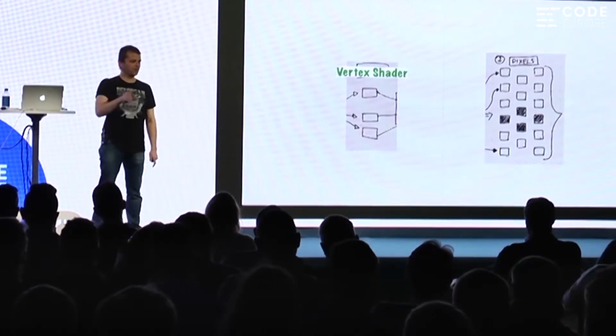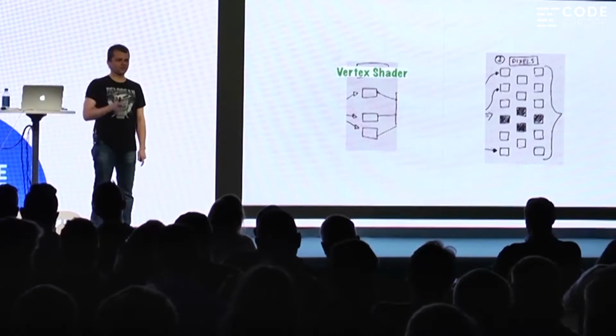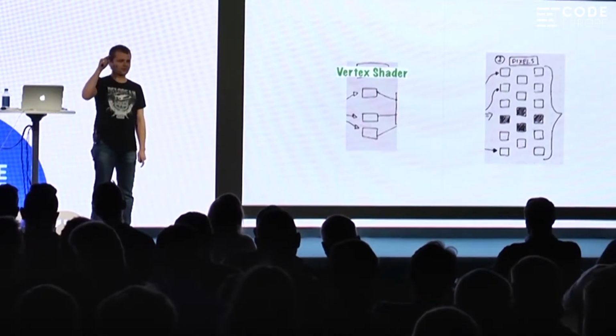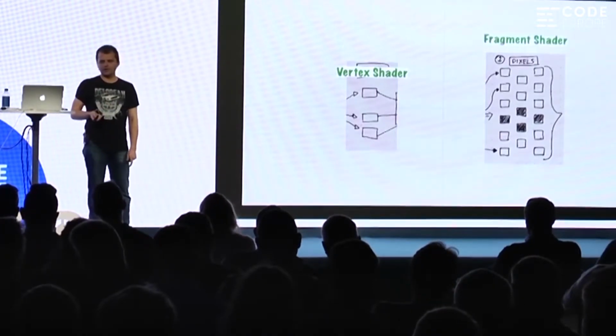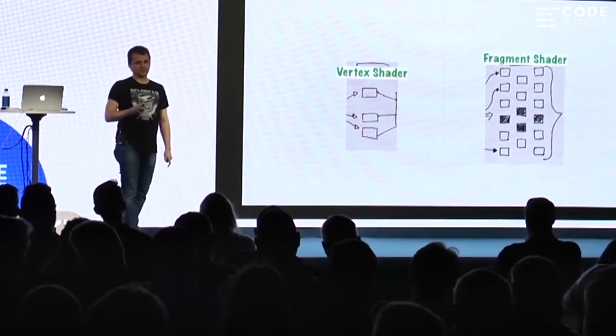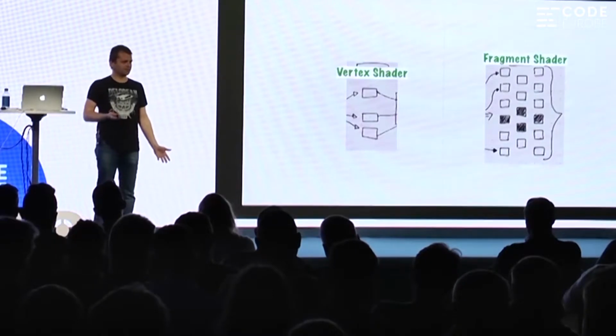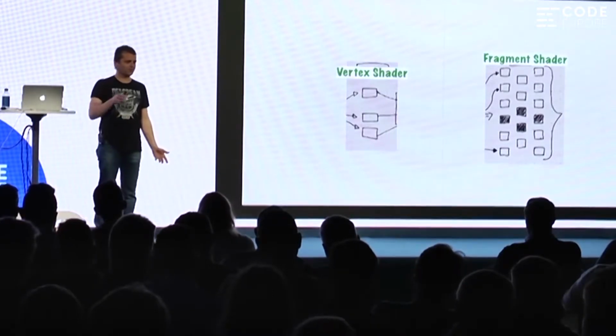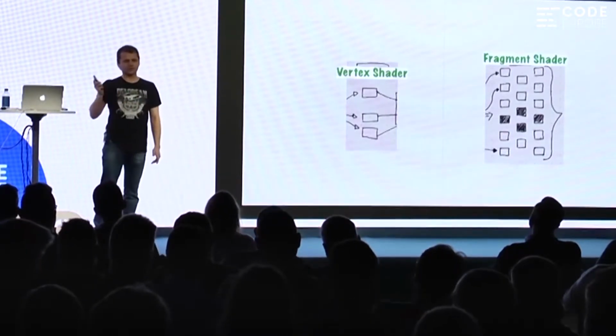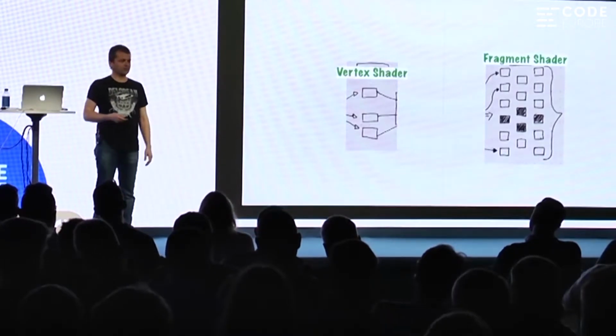It's a program calculating the position of the points, the position of the corners of the triangle. And the second one is called the fragment shader. It calculates the color. And that's basically it. So this is our shader: small programs calculating position and color on the graphic card.